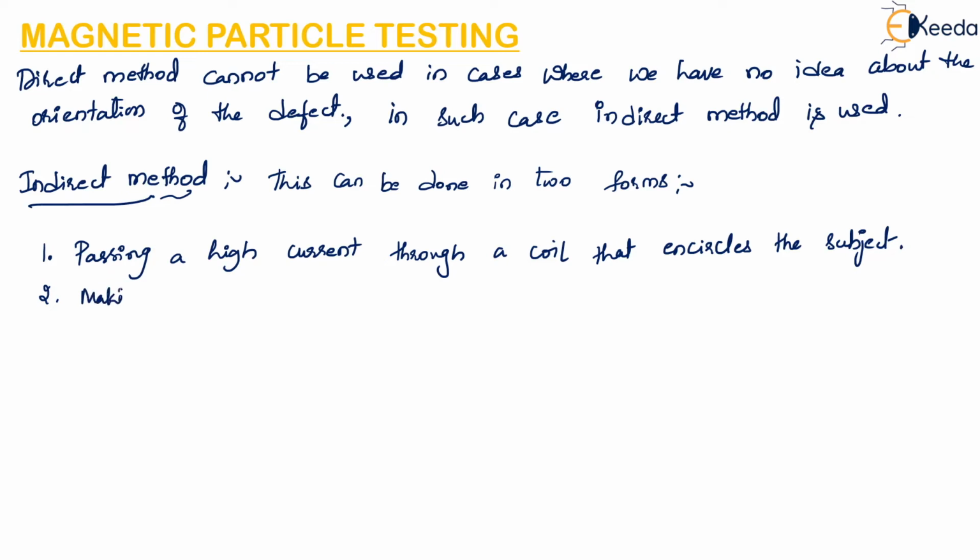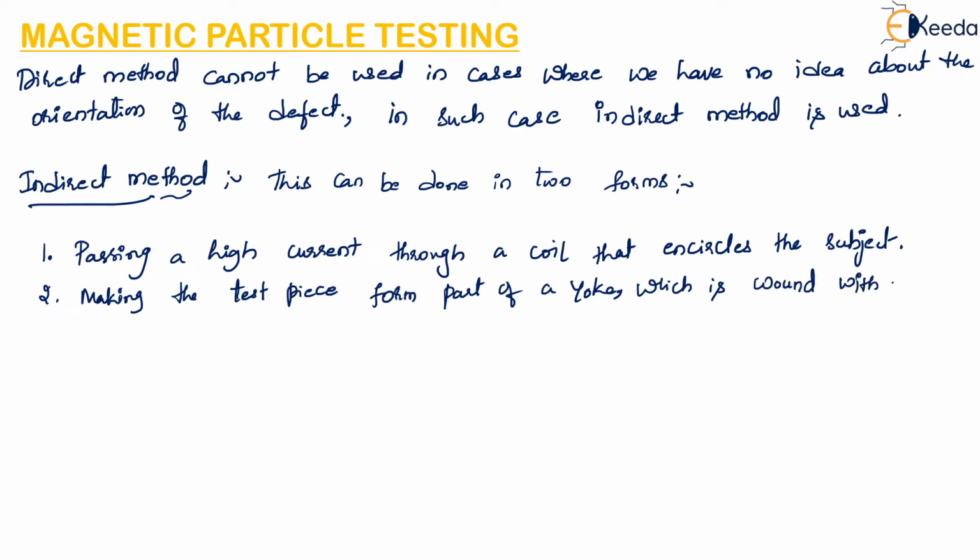The effect is to pass the magnetic flux along the part to reveal transverse or transverse and circumferential defects.